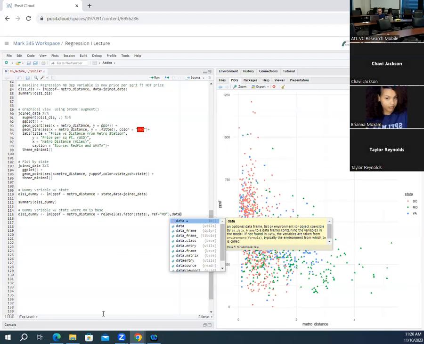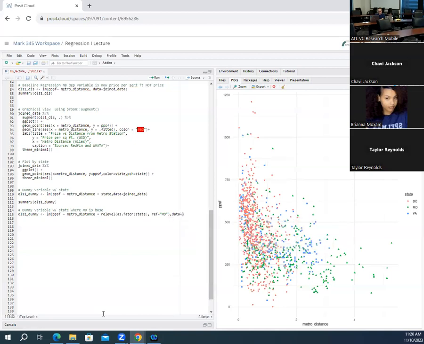And in my case, I'm going to use the same thing, joined data. Let me run that.